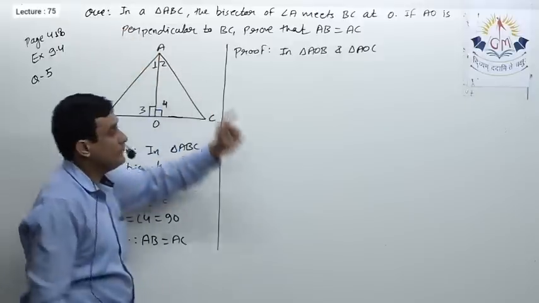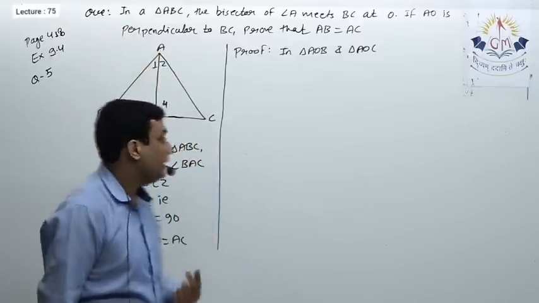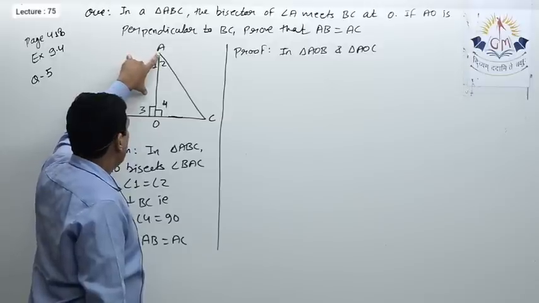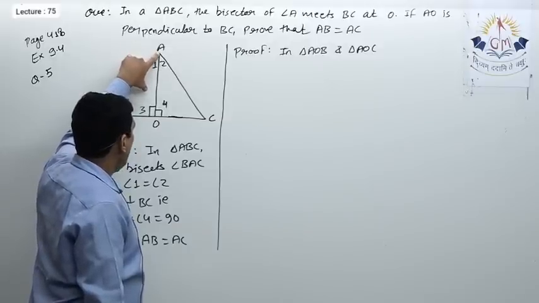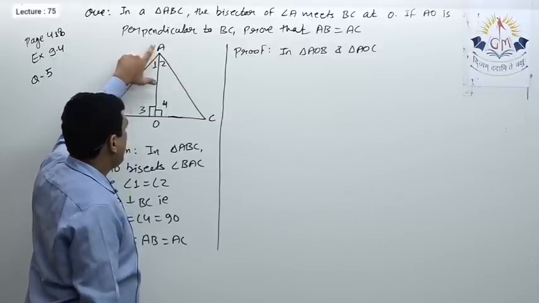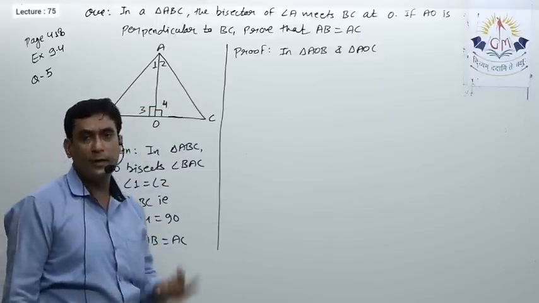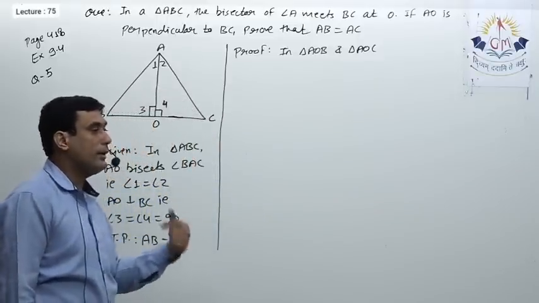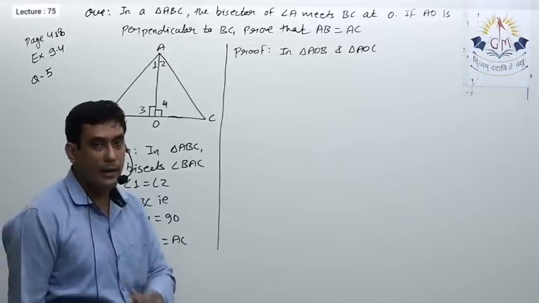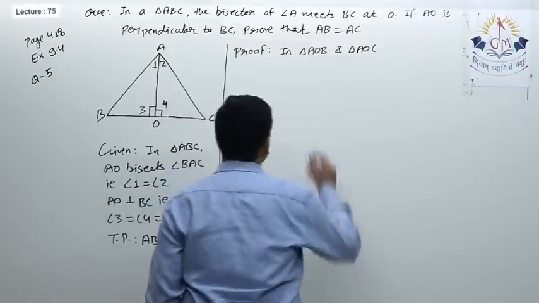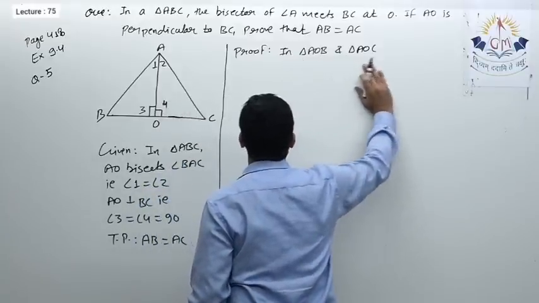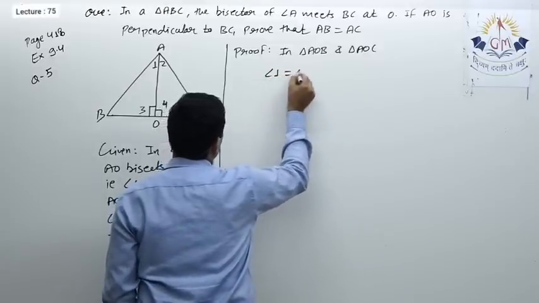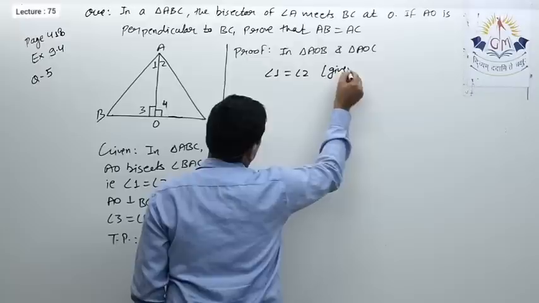That means the same question can be asked in this way: if the altitude and the angle bisector of a triangle coincide, prove that the triangle is isosceles, and also prove that the altitude or angle bisector also acts as a median. So over here in triangle AOB and triangle AOC, angle 1 is equal to angle 2, that is given.